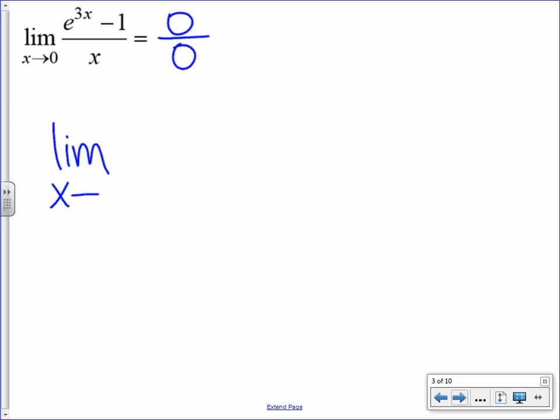So we can say that this is the limit as x approaches 0 of what's the derivative of the numerator? Good job. So remember, e to the x, our derivative is the same thing, but then we have to apply the chain rule with the 3. Over what's the derivative of x?